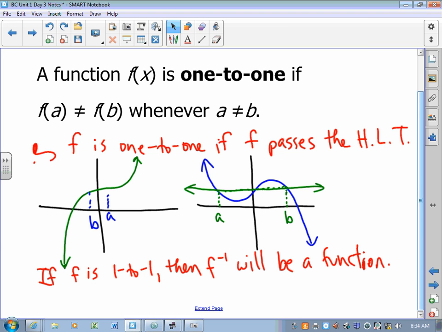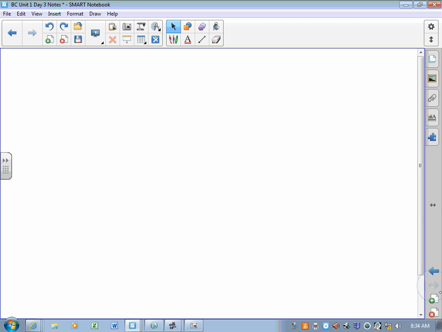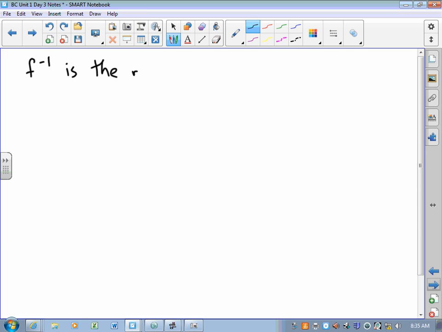If f is one-to-one, then f inverse is a function, and that is huge. A quick reminder, how do you get an inverse function? f inverse is the reflection of f over the line y equals x.